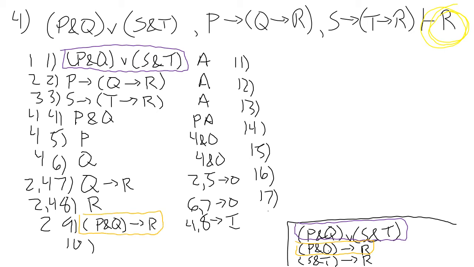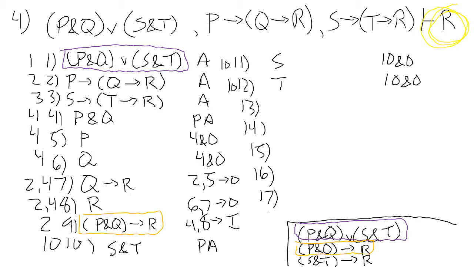Now we just need to restart and get the S and T arrow R. So we'll mark it as a PA. And we'll do the same thing as before. We'll split those up, so that'll come from 10 ampersand out, 10 ampersand out, 10 and 10.